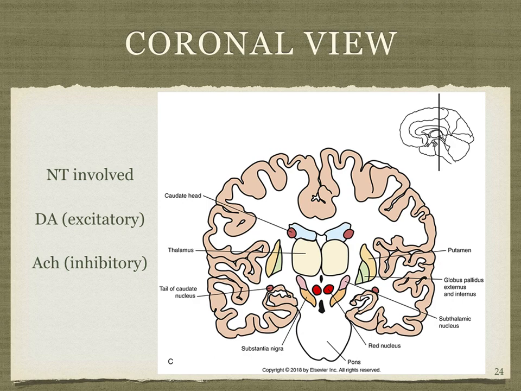Okay, so we do have pairs of this structure. But the biggest thing with the neurotransmitters involved, I just wanted to bring back in our neurotransmitter information, is dopamine, which is going to be excitatory, which will be important to know when we get into the pathology or the dysfunction of our basal ganglia, and acetylcholine is inhibitory.